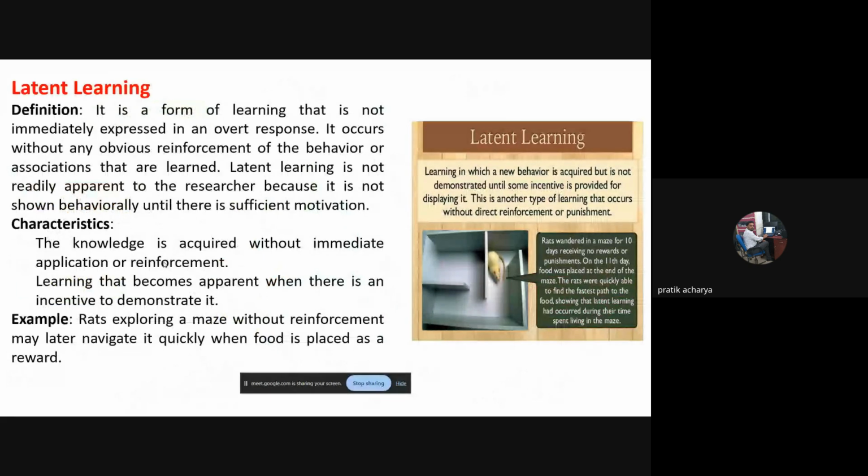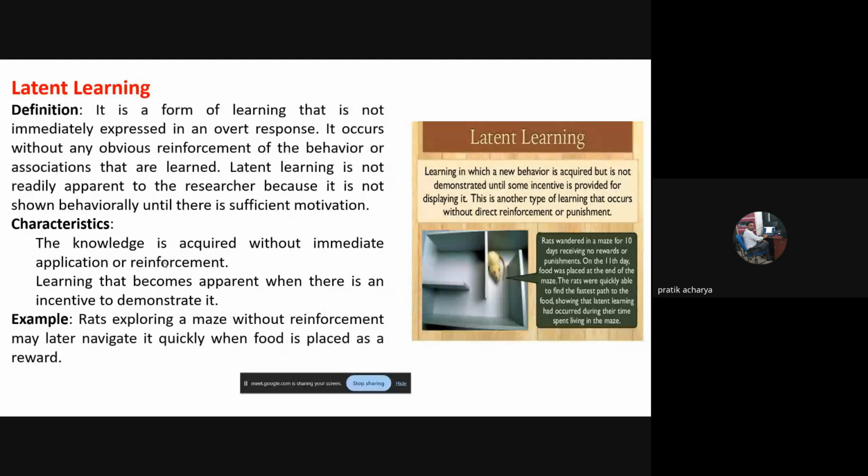And next one is latent learning. What does latent learning define? It defines learning that is not immediately expressed in an overt response. It occurs without any obvious reinforcement of the behavior or association that is learned.